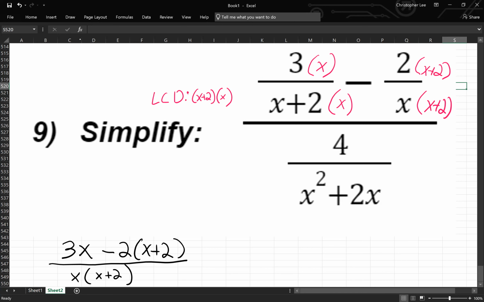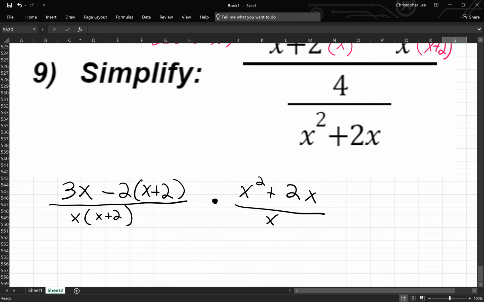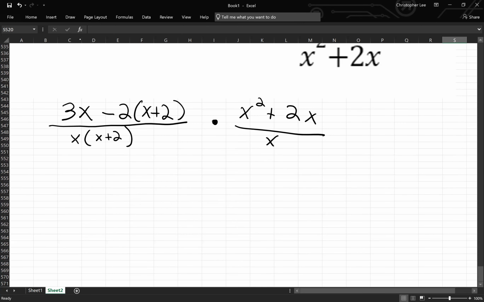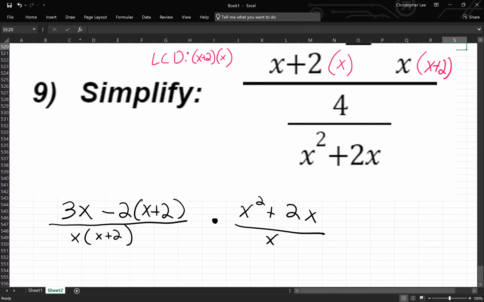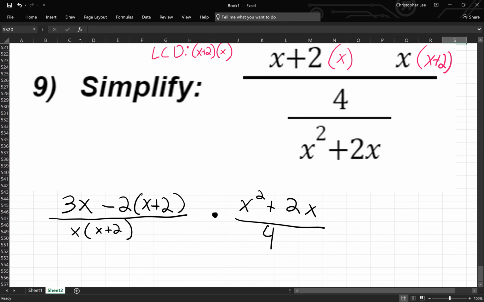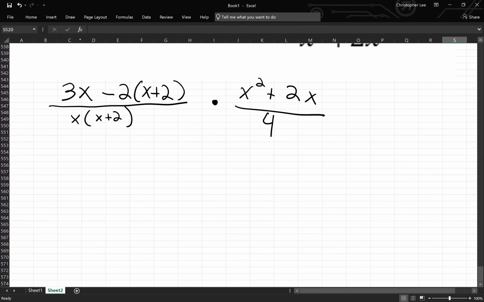I guess at this point we could do keep, change, flip if you wanted. Change this to multiplication. Flip the denominator. All this divided by x, excuse me, 4. And then let's simplify this.